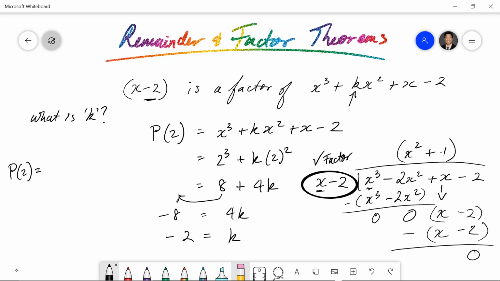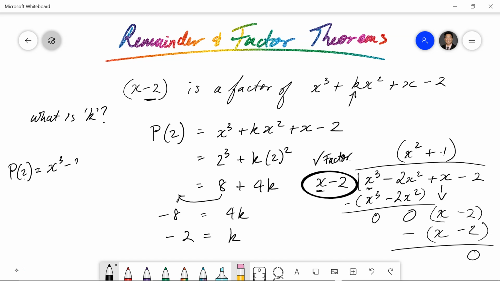Now we can put the p-value into the polynomial, and we'll end up getting 0. This is a good way to check if you got it right.